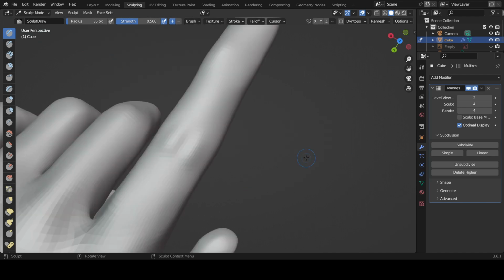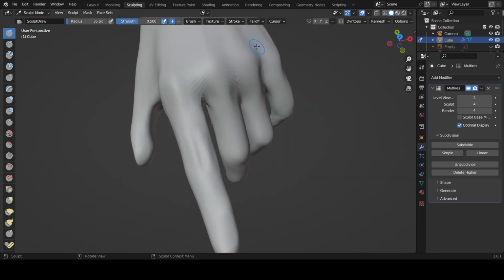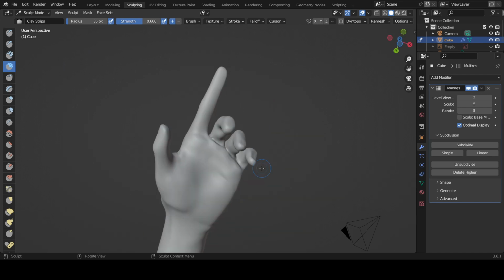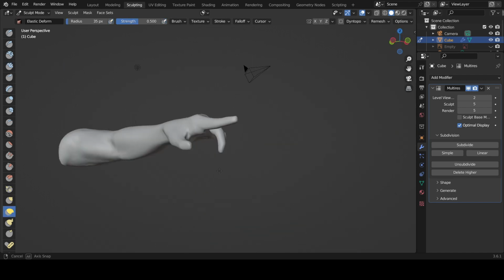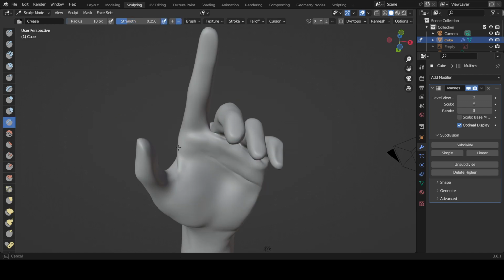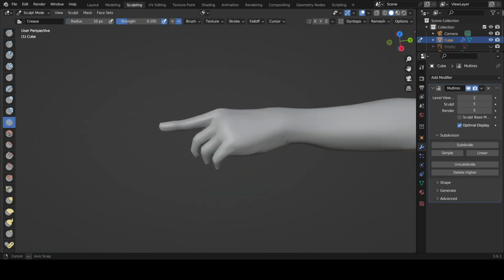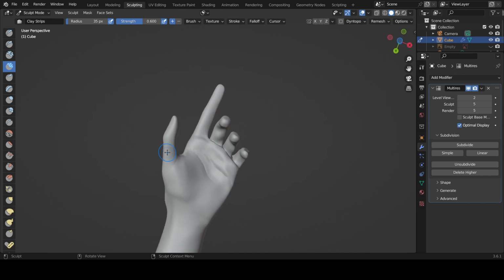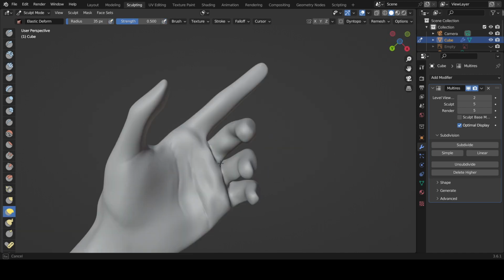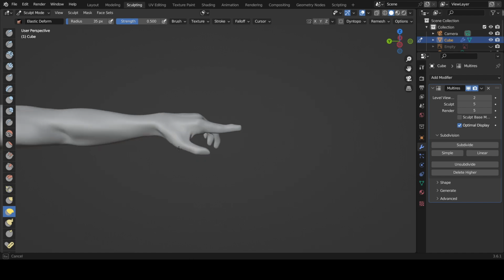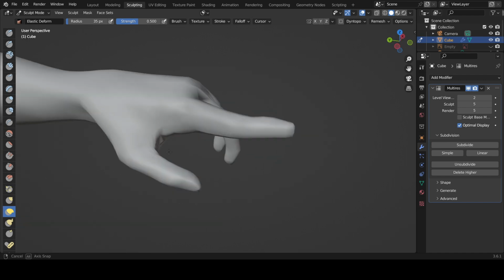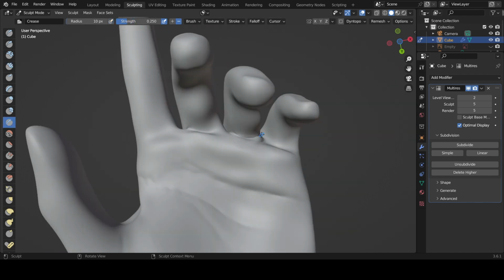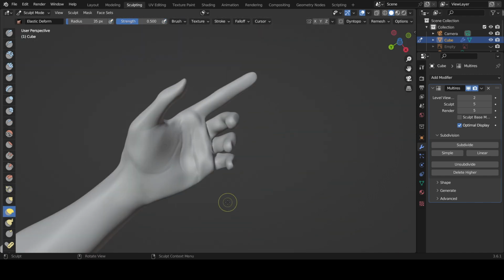As you can see on the screen here, I'm just refining the knuckles and each of the fingers, and also adding some of the fat and skin we talked about onto the palm. A very iconic part of the palm region is the little wrinkles and lines that accentuate it.